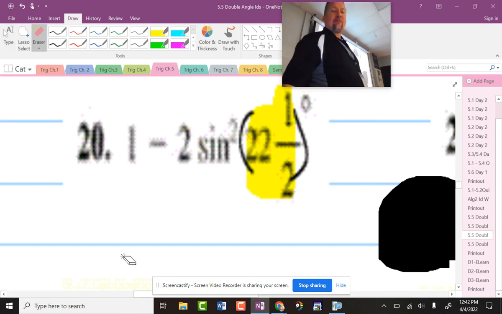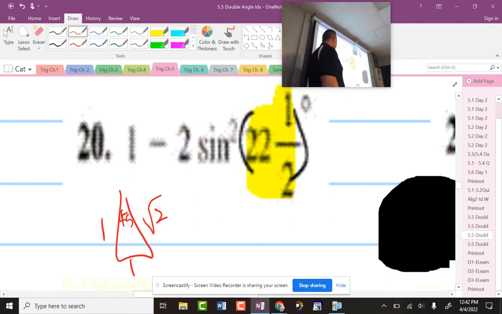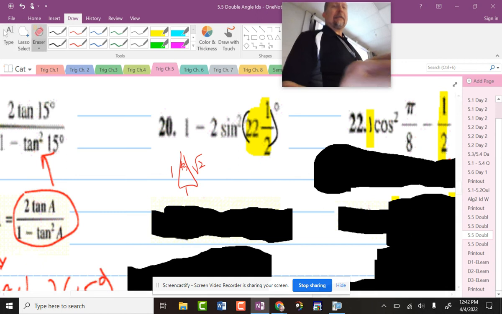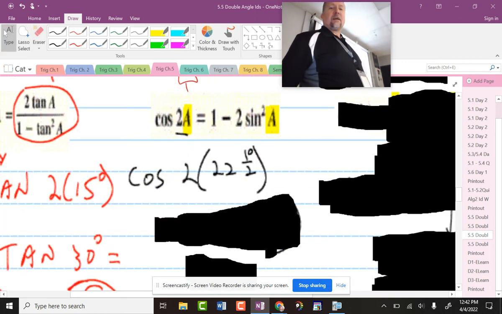Okay, so 45, 45, 90. It's the 1, 1, root 2. That's what the 45, 45, 90 sides are. Cosine of 45 is, so what does that become? The root 2 over 2. So we should have that one memorized. I'm going to get on you on that one. All right, so it is mirroring this one, so that's why it's 2 times that.